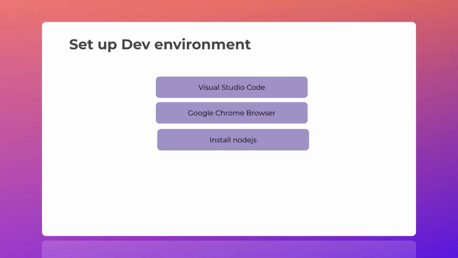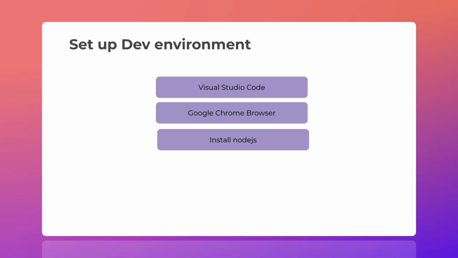So now it's time for us to set up our development environment. Particularly, we're going to be installing Visual Studio Code, which is a text code editor that we're going to be using in this course. If you already have that, of course, you don't have to do that again. For those of you who've never used or never installed Visual Studio, I'll show you how to do that. And also, we're going to use the Google Chrome browser.